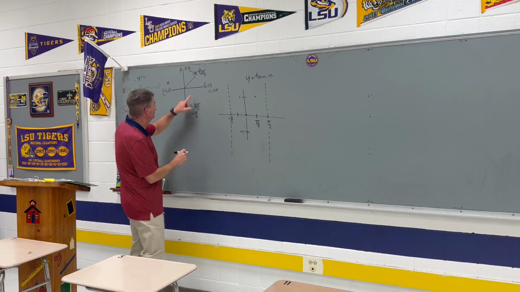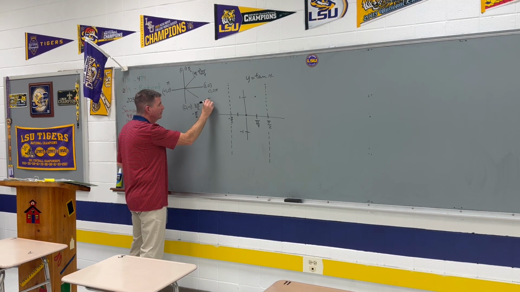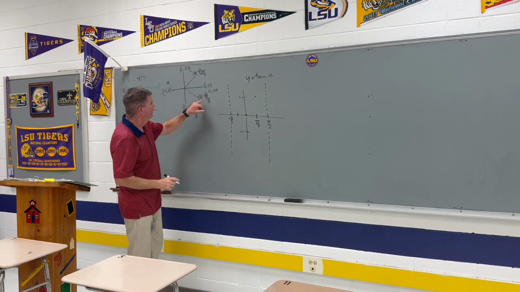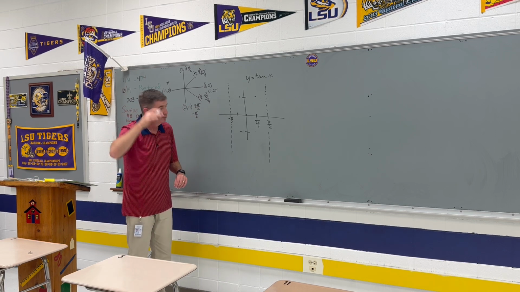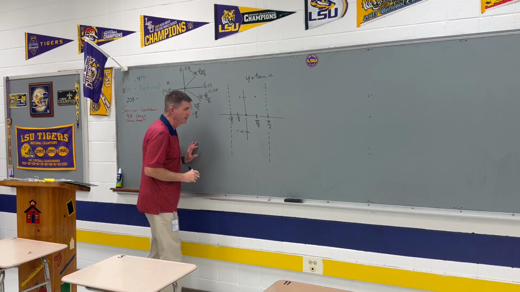And at negative pi over 4, down here, we have what? Square root of 2 over 2 and negative square root of 2 over 2. If we do y over x, that becomes negative 1. So at our quarter point, which is negative pi over 4, we're at negative 1.